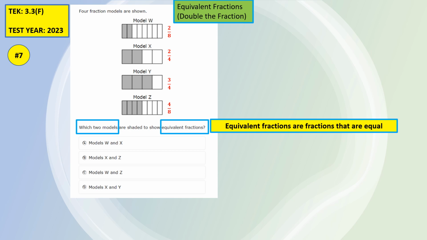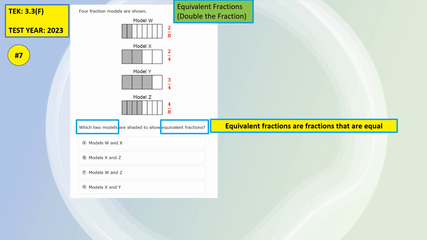Now, equivalent fractions. In order to figure out what fractions are equal to other ones, there's a little trick. You can just double the fractions, okay? So basically, add the top number to the top number, add the bottom number to the bottom number. You're just doubling them.